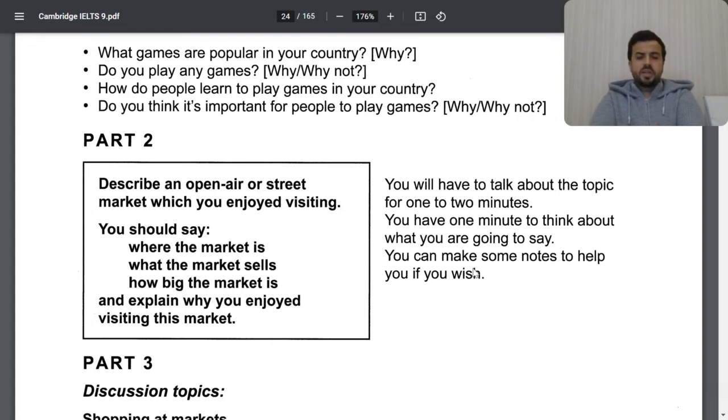The market sells many different types of vegetables, fruits, fish, even cheese, yogurt, eggs, and many different kinds of foods. The market is big. Maybe if you want to go through it, you will need 20 minutes, maybe.